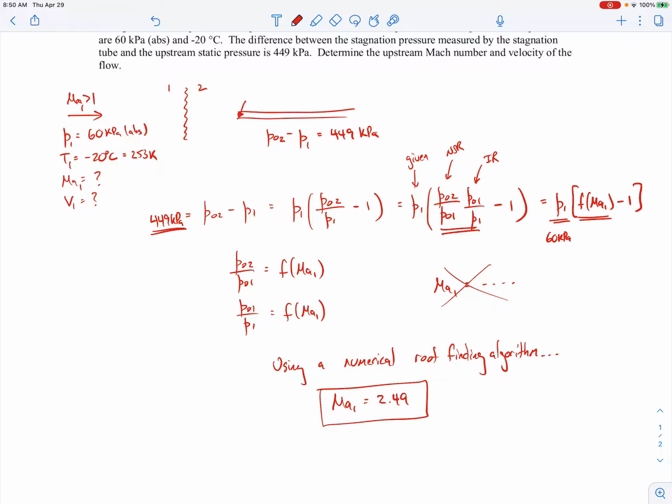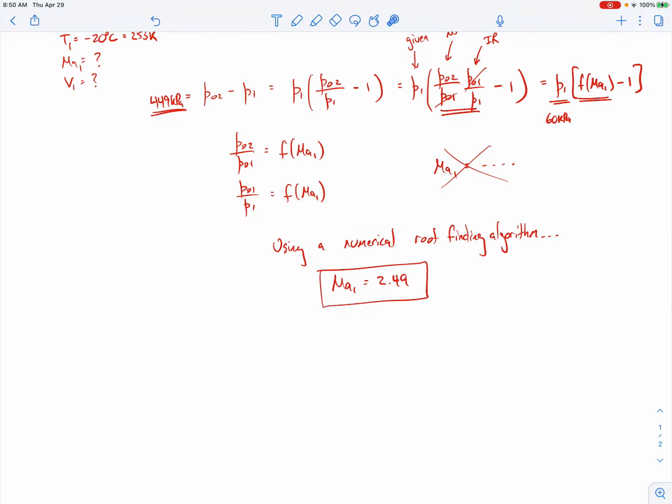You can see that the P01 cancels out there. Okay, and we recognized that these ratios involve the upstream Mach number in a complicated way, but nevertheless we have an equation where we know all the numbers and the only unknown is the Mach number upstream, and we used a root finding method to find that to arrive at this point.